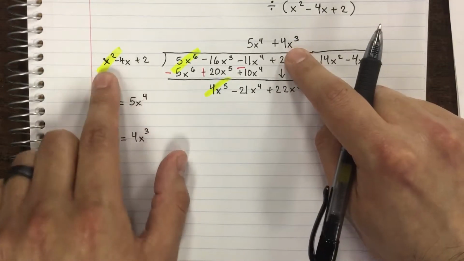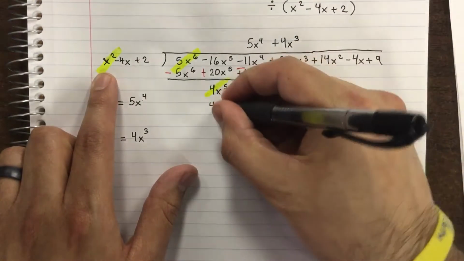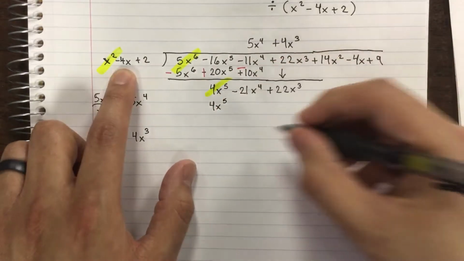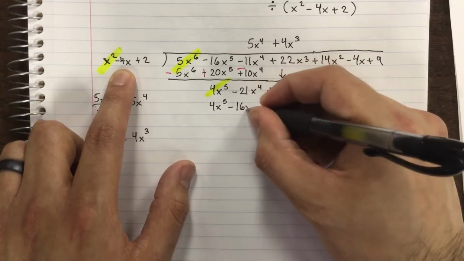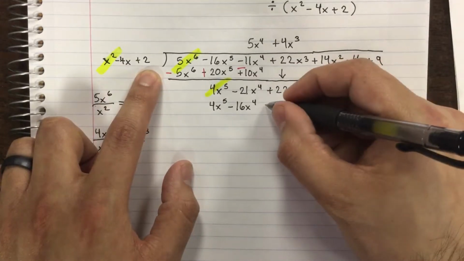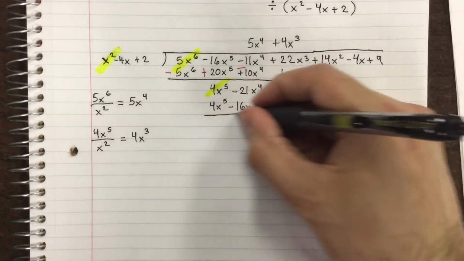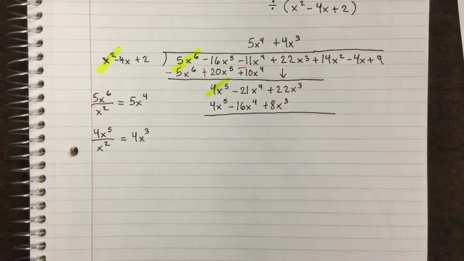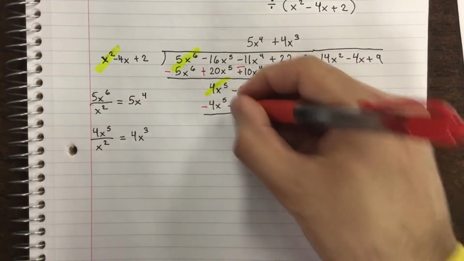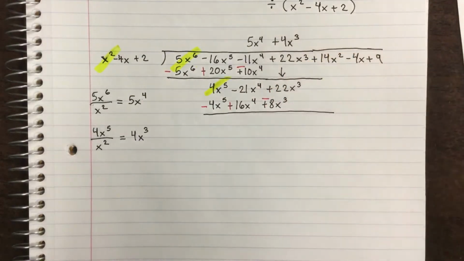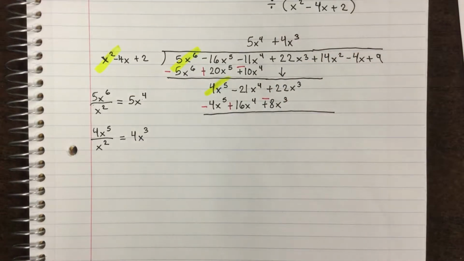Okay? So what do we have? We have 4x to the 5th. We have negative 16x to the 4th. We have 8x to the 3rd. All right. Now we're going to subtract. So negative, positive, negative again. All right.